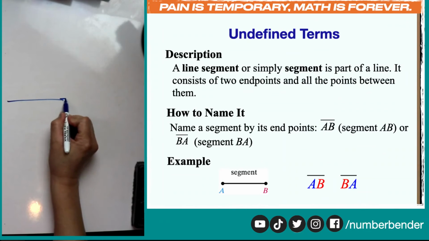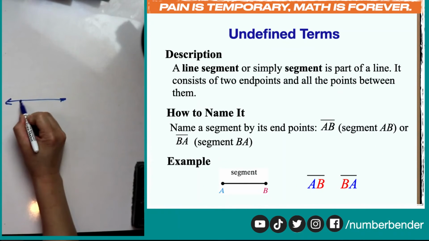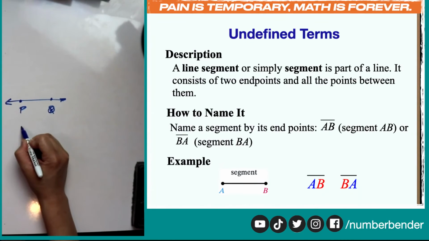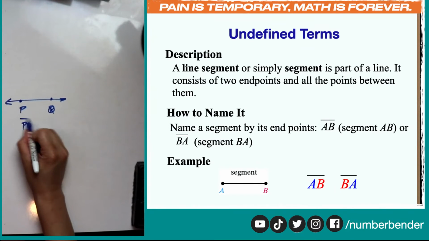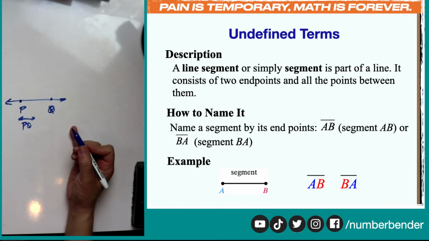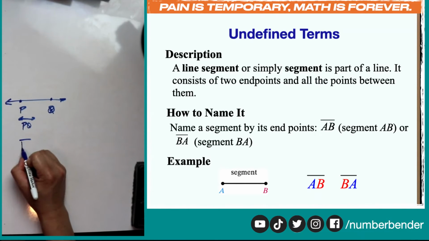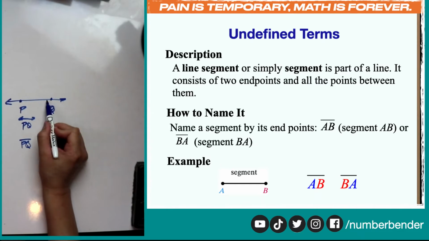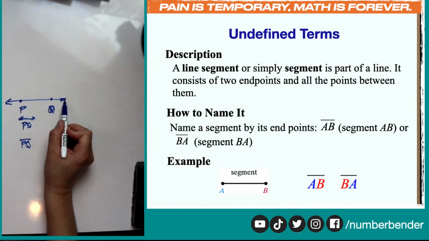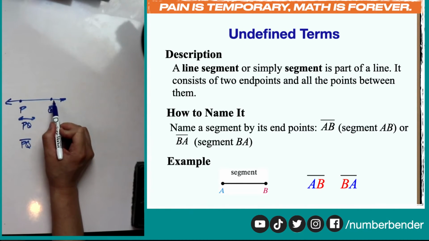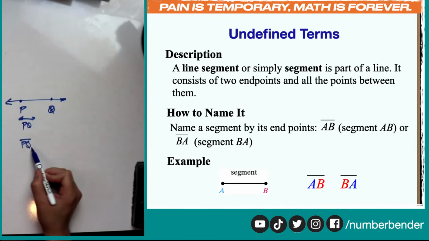Ang line natin, let's say this is a line PQ. So we'll write it as PQ and then arrow on top. And if it's a line segment, we can also denote it as line segment PQ to know na hindi natin ini-include yung infinite ending or line with no ends on both ends dahil ito ay line segment.